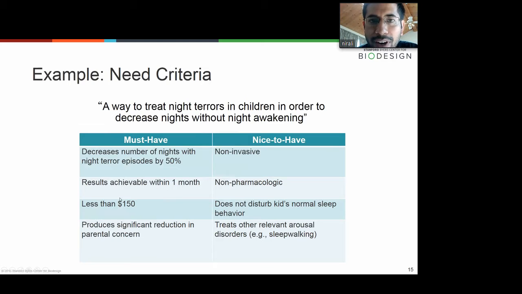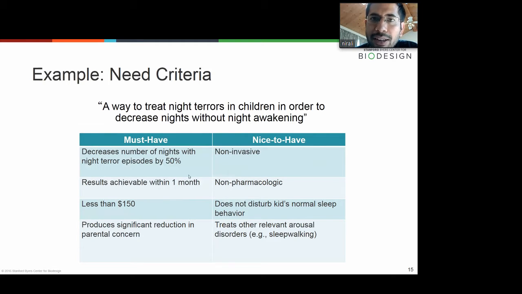So be very, very critical when you come up with these criteria. But you have to come up with really well-defined criteria. Results are achievable within a month. So if it takes 2 months, that means this did not meet the criteria. Again, you want to have this well-defined. If you think there's some wiggle room, like for example, it could be 45%, it could be 40%, the question here is, what is that threshold and how do you define it?